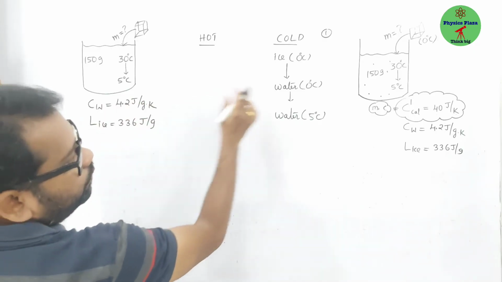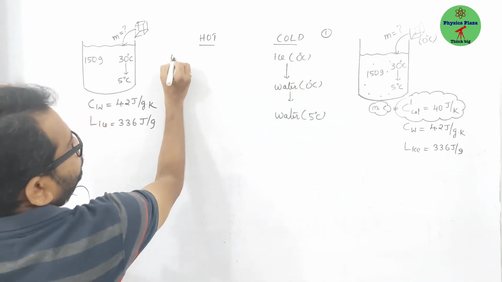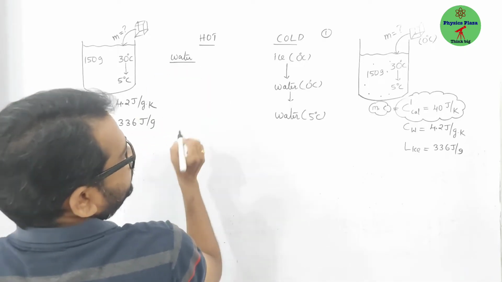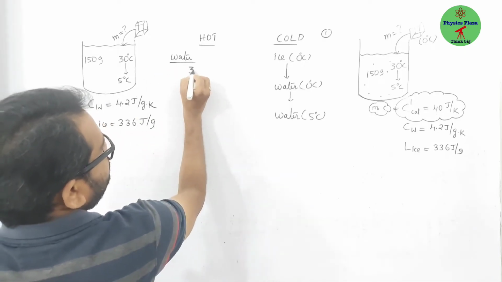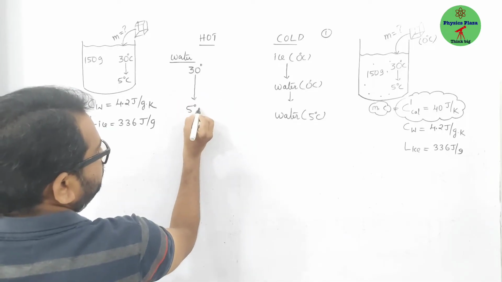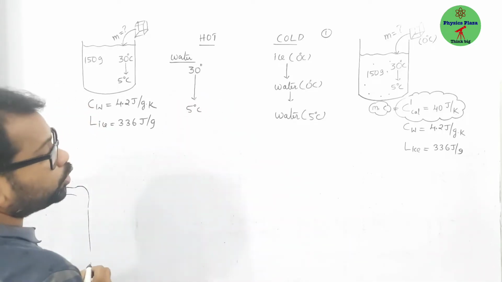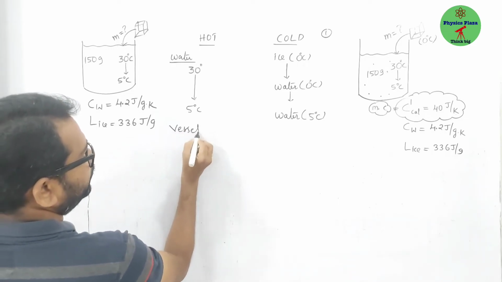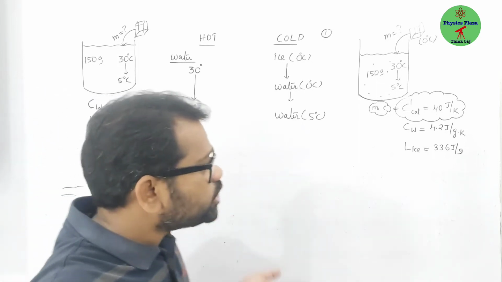Hot body side, here we have water, right? Initially it is at 30 degrees Celsius. This has to be taken to 5 degrees Celsius. And one more hot body is what, children? Yes, it is a vessel. You may get one doubt: then what is the initial temperature of the vessel?